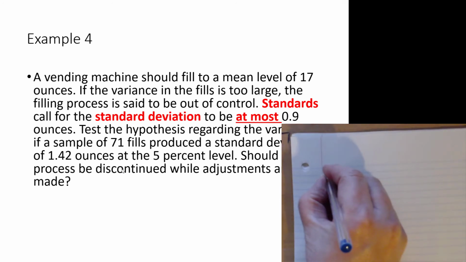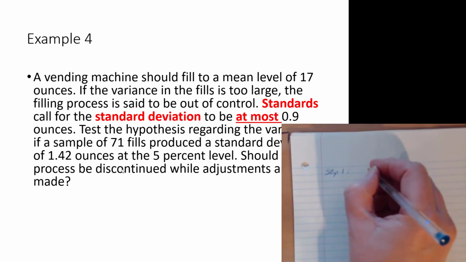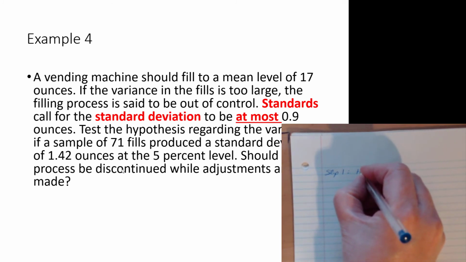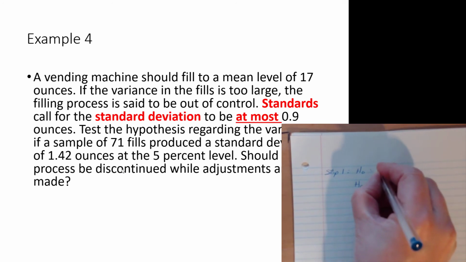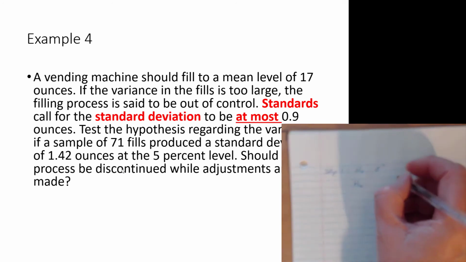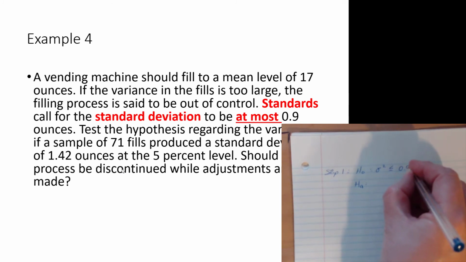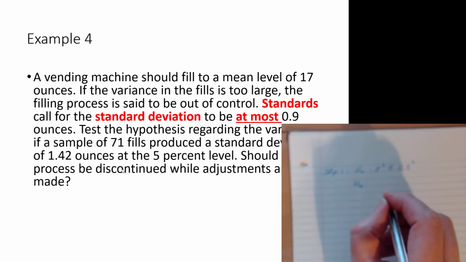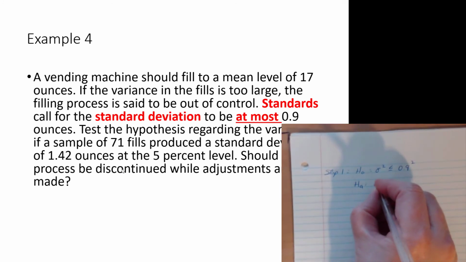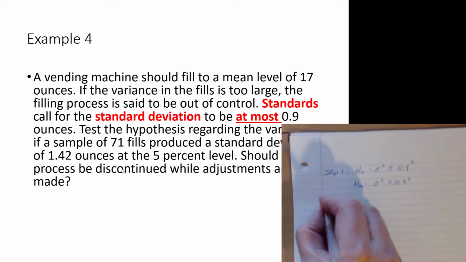So step one, when we're testing our hypothesis, we have H0, we have HA. H0 is that the population variance is at most, so less than or equal to 0.9 squared. Remember, the 0.9 is standard deviation. Okay? And then HA is exactly the opposite, greater than 0.9 squared.